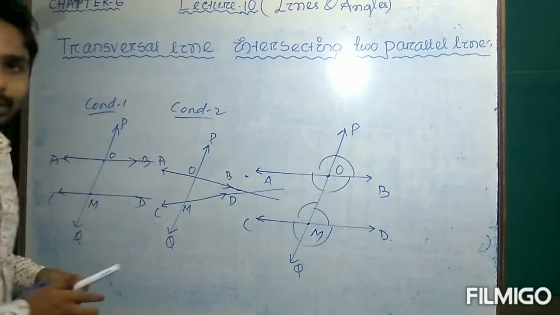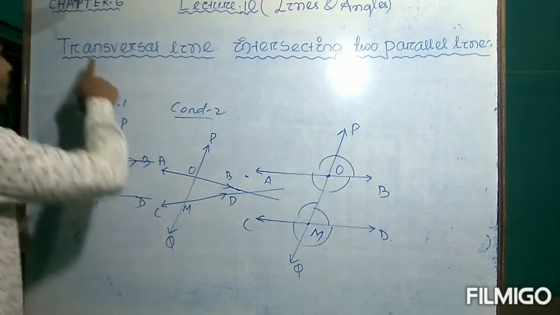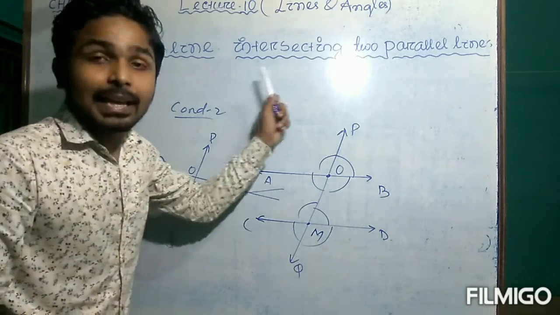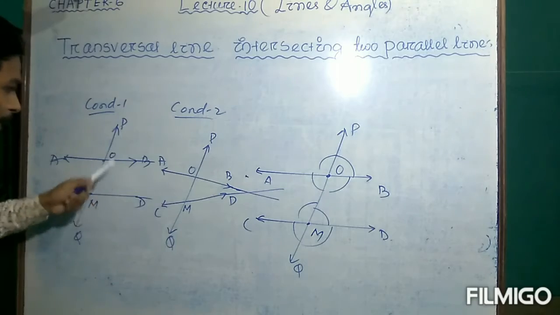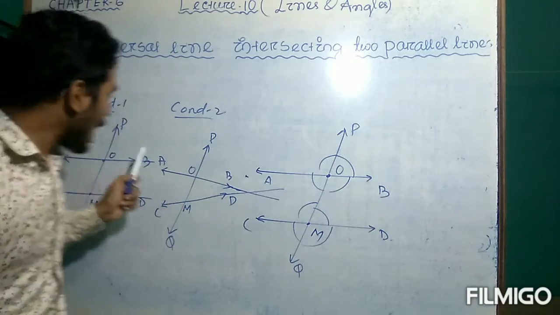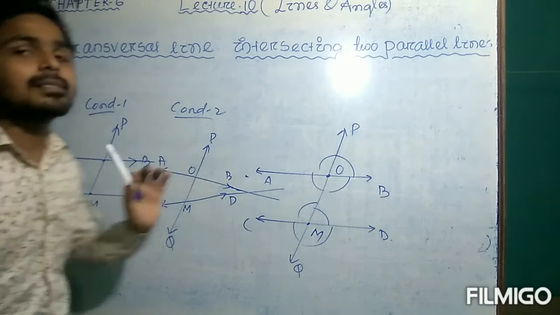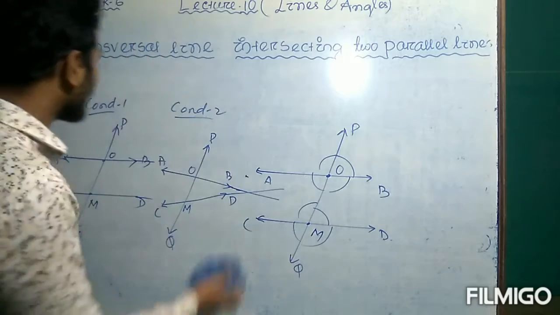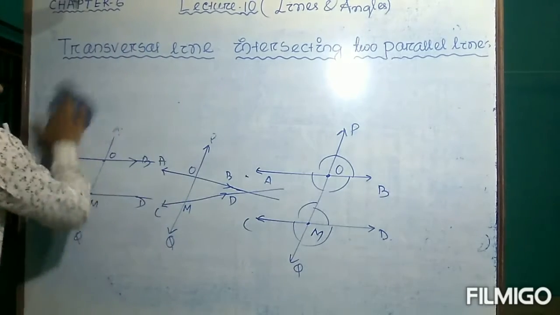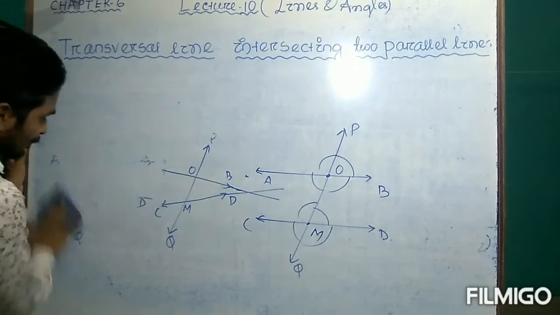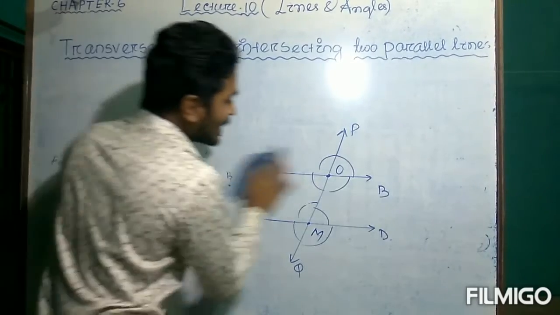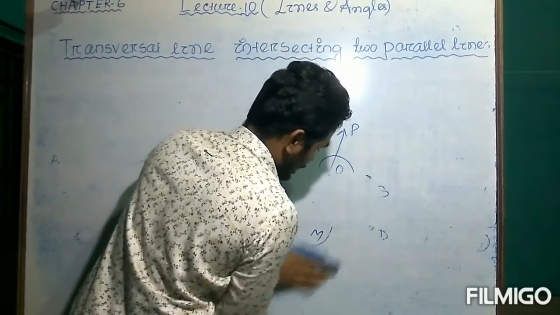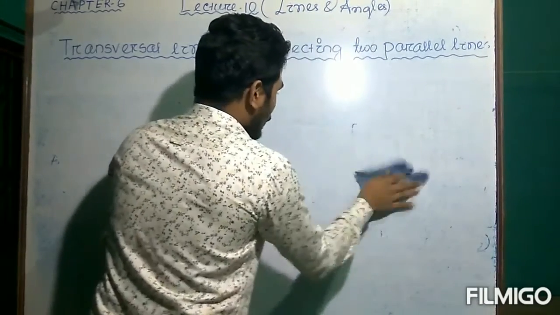Okay, so let us start with the first concept, that is whenever the transversal line intersects two parallel lines. Here we have two parallel lines, then we will discuss how many angles are formed and what are the relationships between them. Okay, so let us draw a transversal line intersecting two parallel lines.